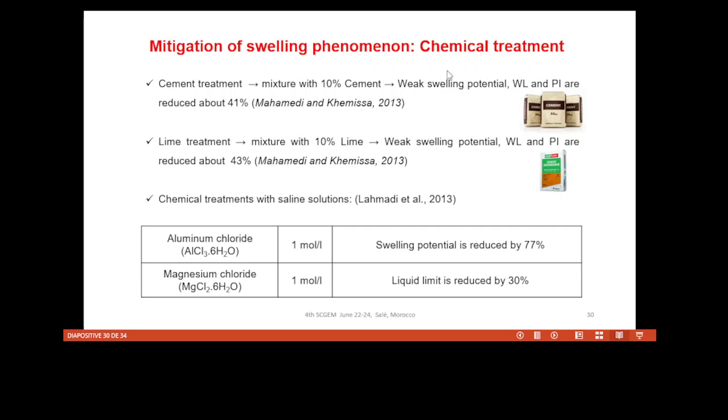We have a reduction of the liquid limit and the plasticity index of about 41%. For the lime treatment, we have mostly the same ratio of reduction of the WL and PI. For chemical treatment, we also have some formulations, and we can reduce the swelling potential at a different rate.